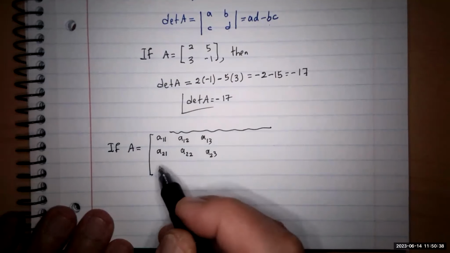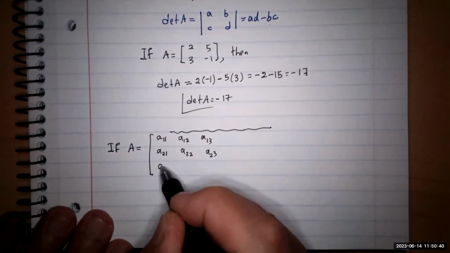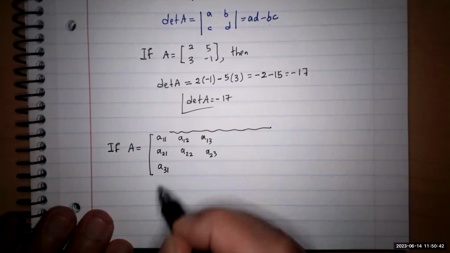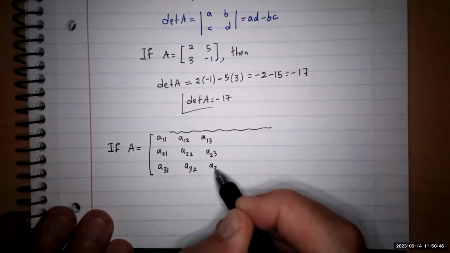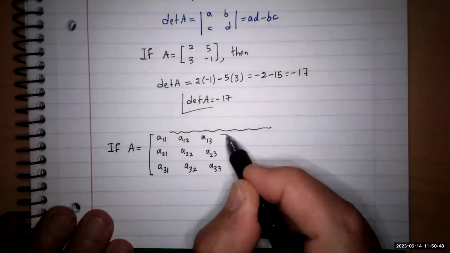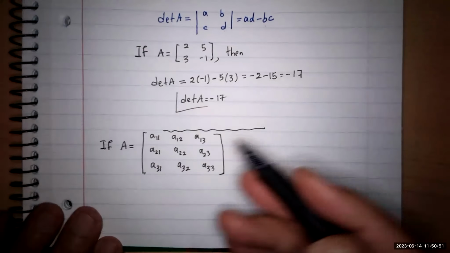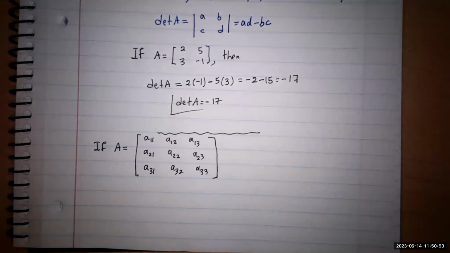For the third row, A31, A32, and A33. It's the way we identify it. It doesn't matter if you don't like this notation, you can call it anything else you like.